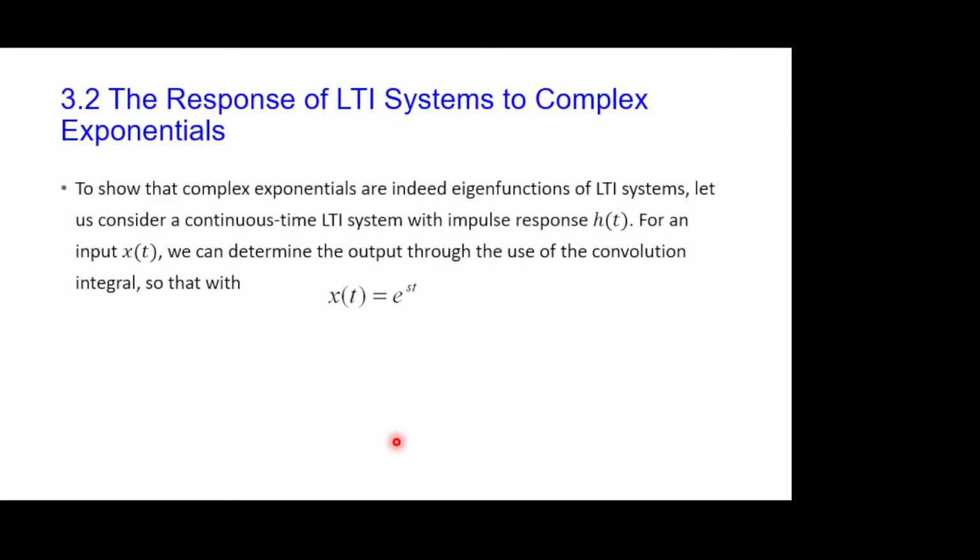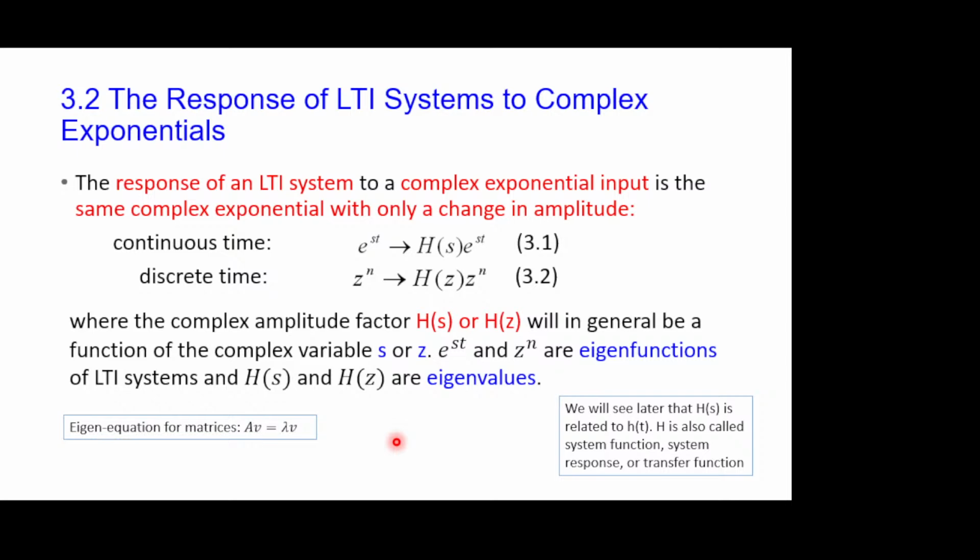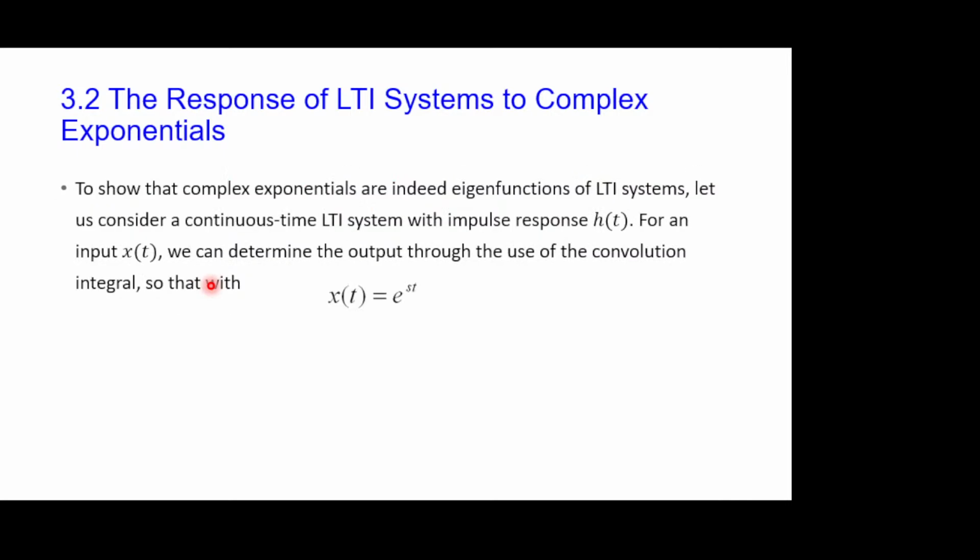Before we go into the proof, any questions about the meaning of those? If not, let's go into the proof, which is pretty straightforward. We see this is an eigenfunction, so let's see what happens if we put it into our system.